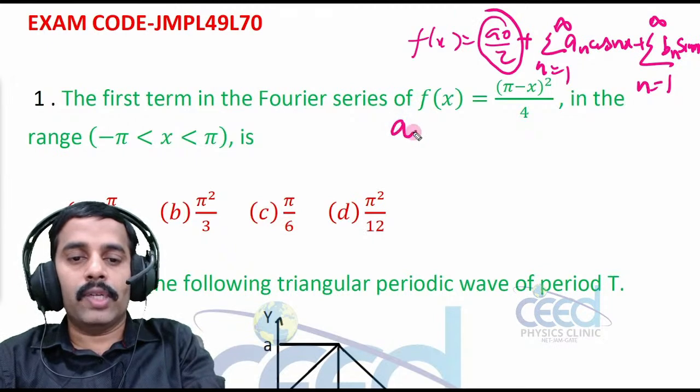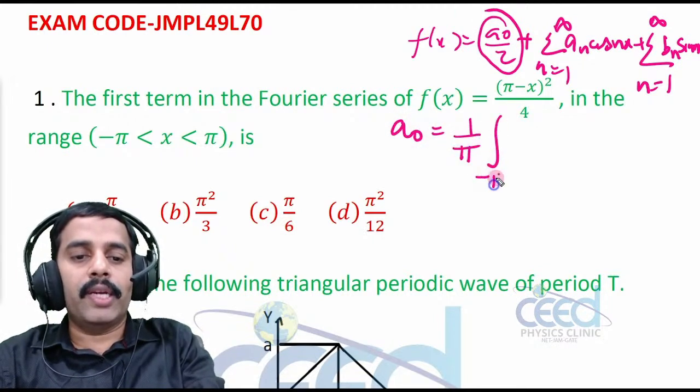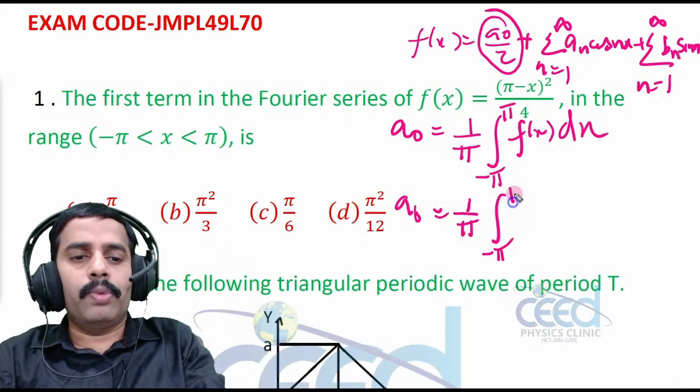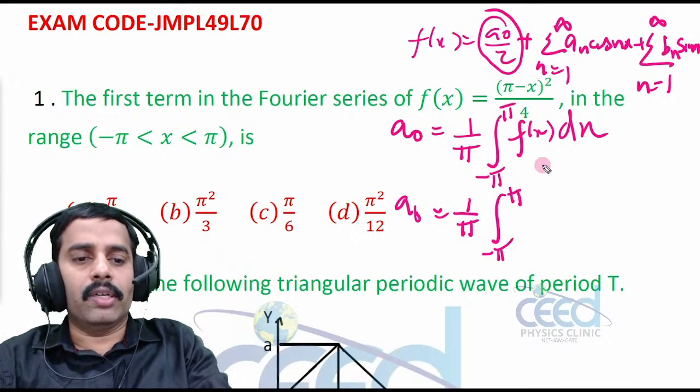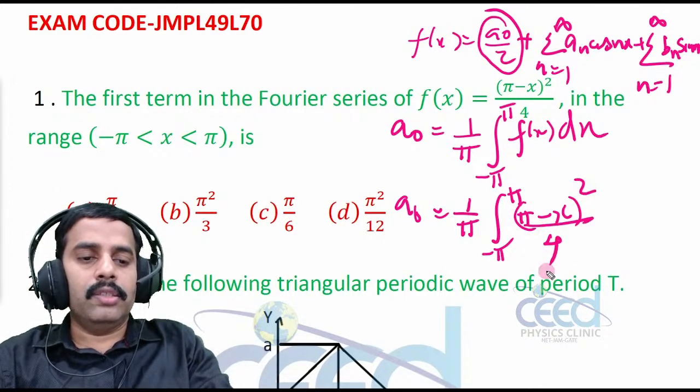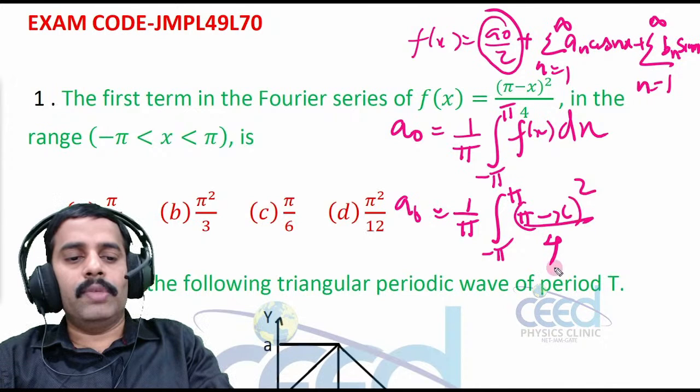What is a0? A0 we have defined as 1 by pi integral minus pi to pi f of x dx. So a0 is 1 by pi integral minus pi to pi of the function, (pi minus x) the whole square divided by 4. Let us integrate this.